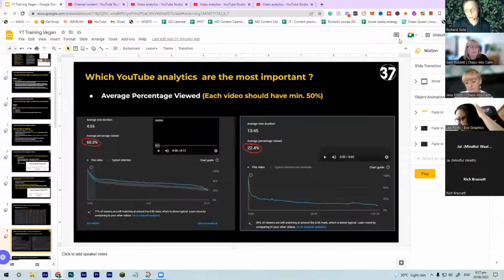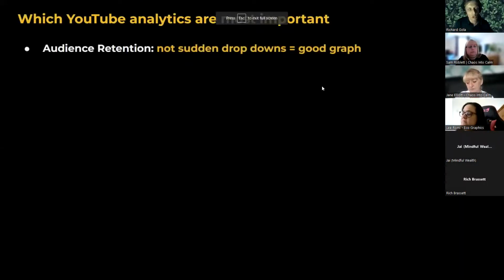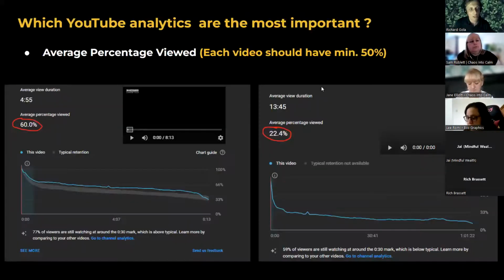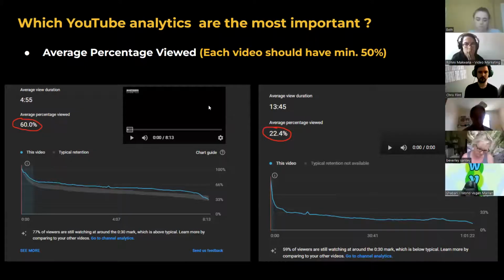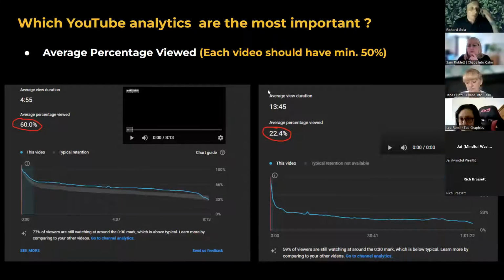If we want to grow our YouTube audience, the average percentage viewed has to be a minimum of 50%. That means they're watching more than 50%. Good content on YouTube is around 60 to 80% average percentage viewed.